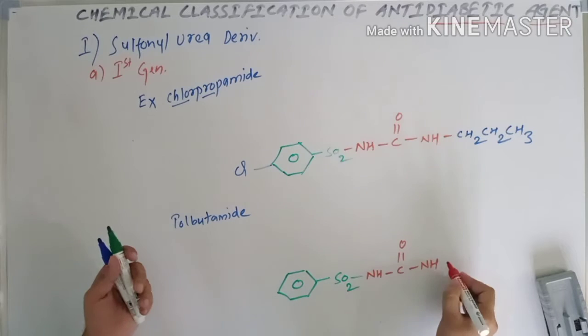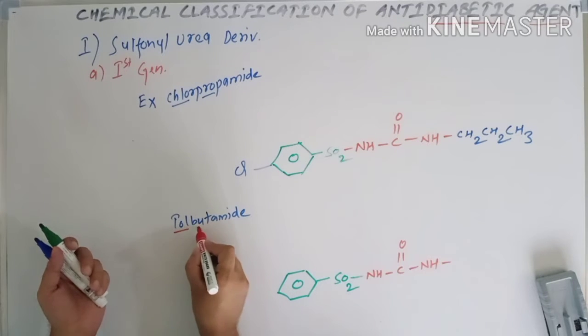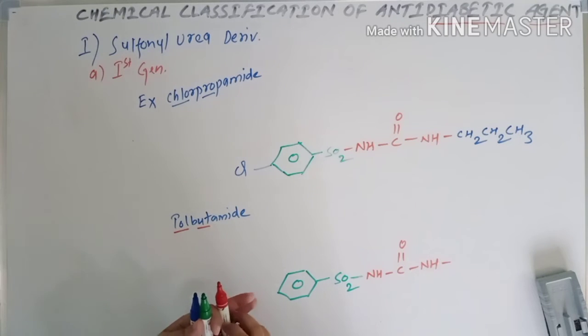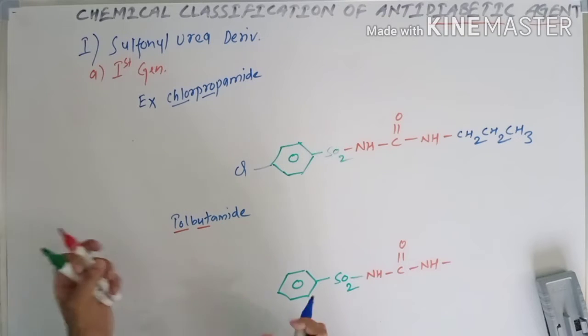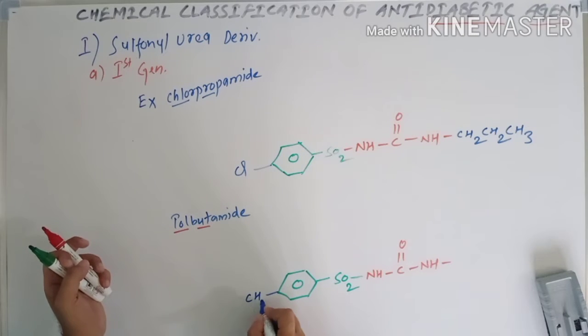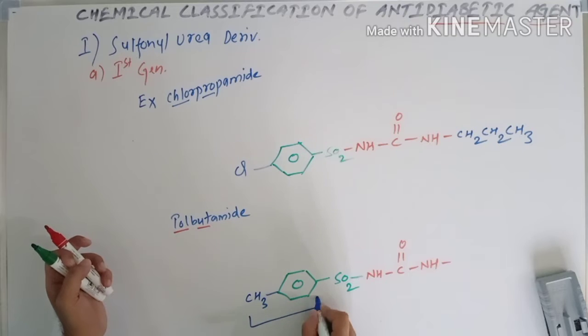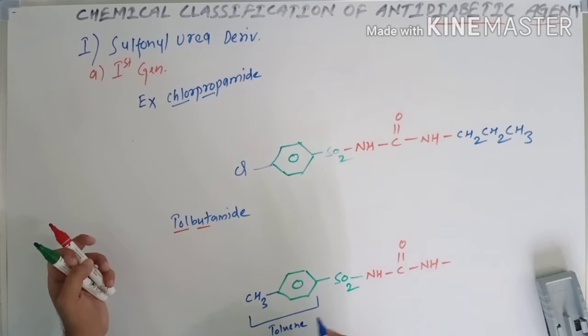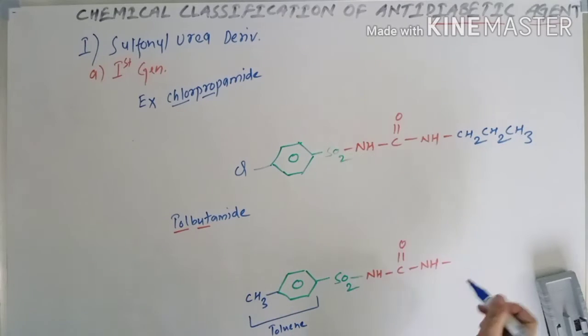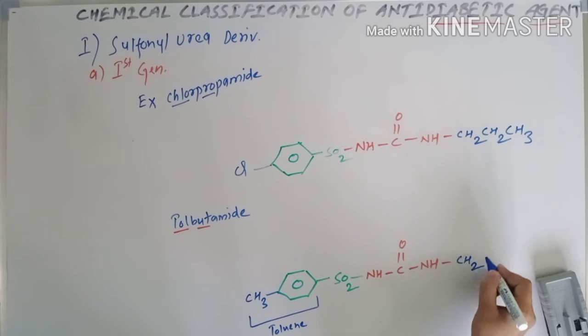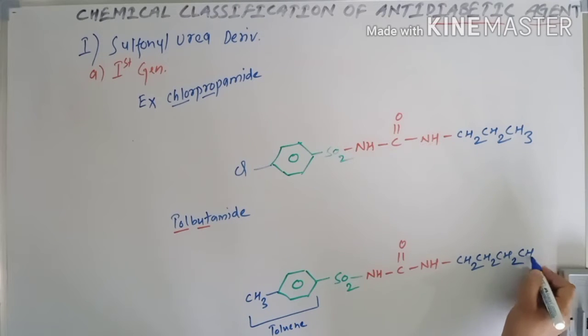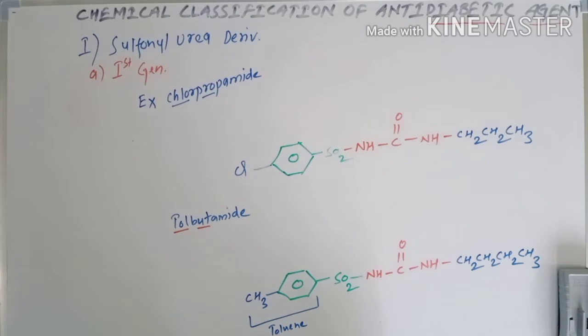The information we get from the name is tol and but. Tol means toluene and but means butyl group. So if I add a methyl group over here, then this structure is converted into toluene, and but means butyl group. So here is your butyl group, CH2, CH2, CH2, CH3. So this is the structure of your tolbutamide.